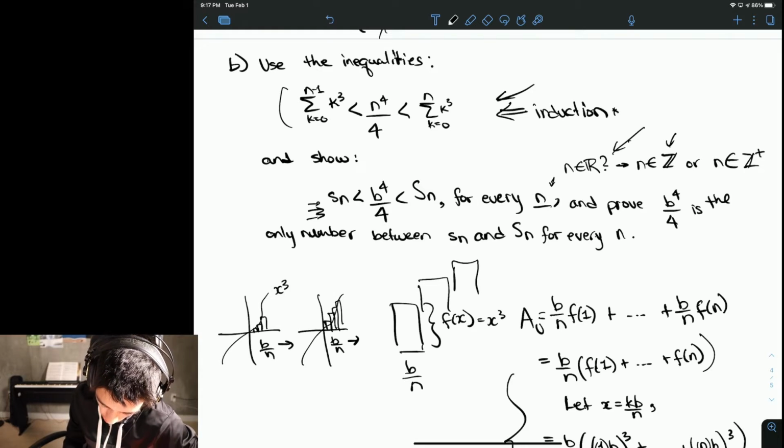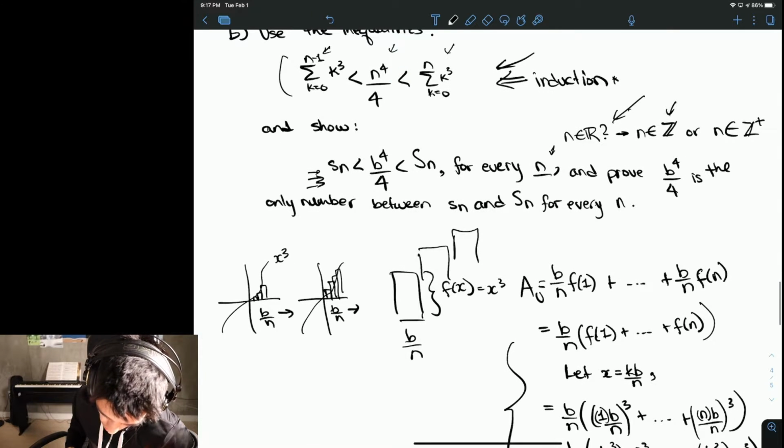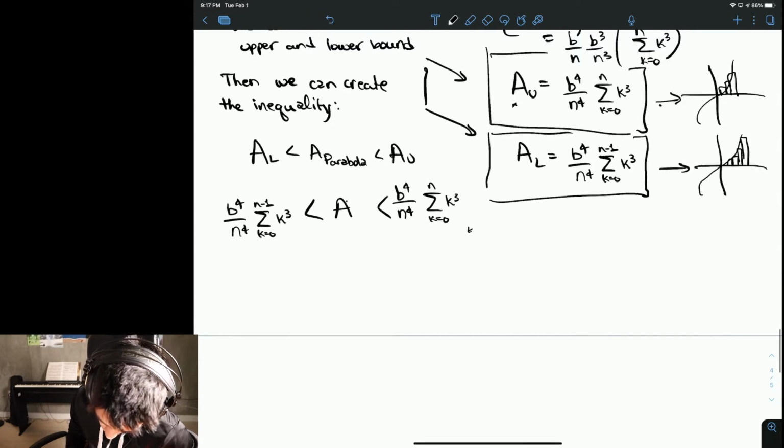It's already given to us. So we already know that the sum of cubes for n minus 1 is less than this term right here, which is also less than the sum of cubes for n. So what we can say immediately is this sum of cubes is right here, right? It's this term and it's this term.